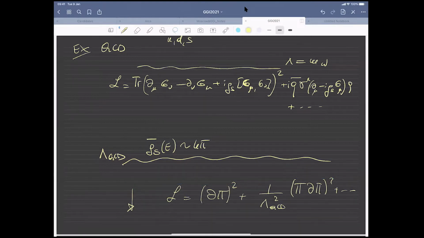The UV description here is essentially free, where this is the linearized G mu nu, okay? Free G mu nu plus free massless quarks, plus interactions proportional to g_s, okay?